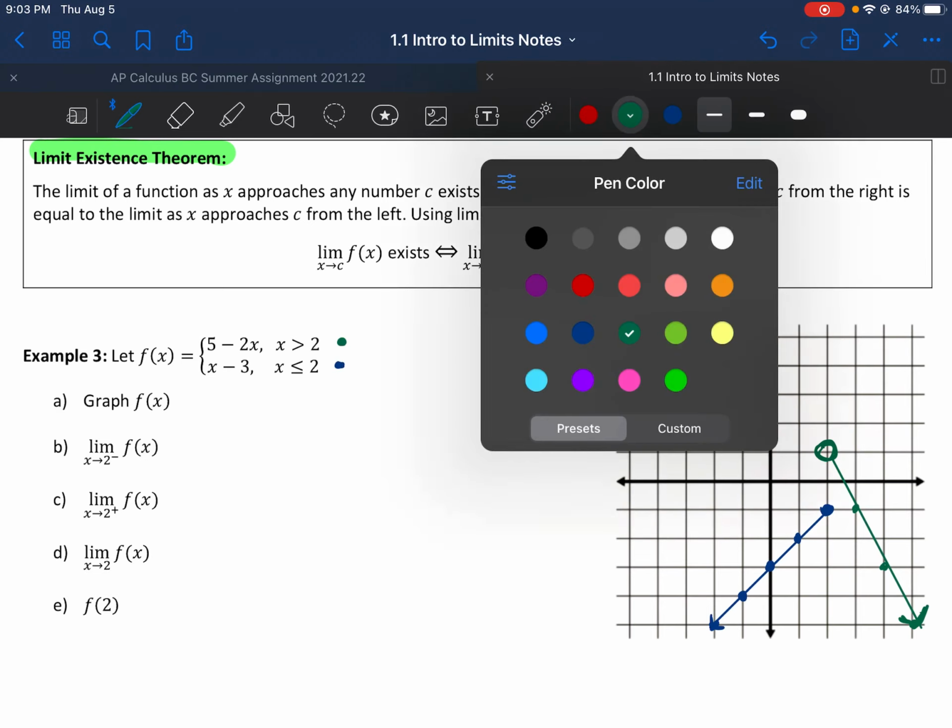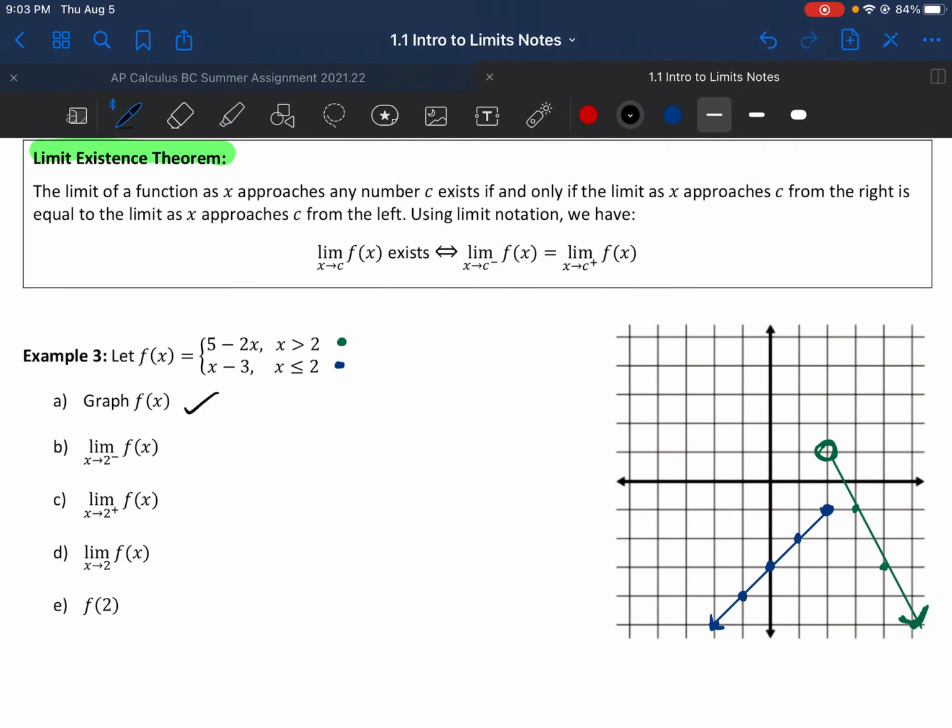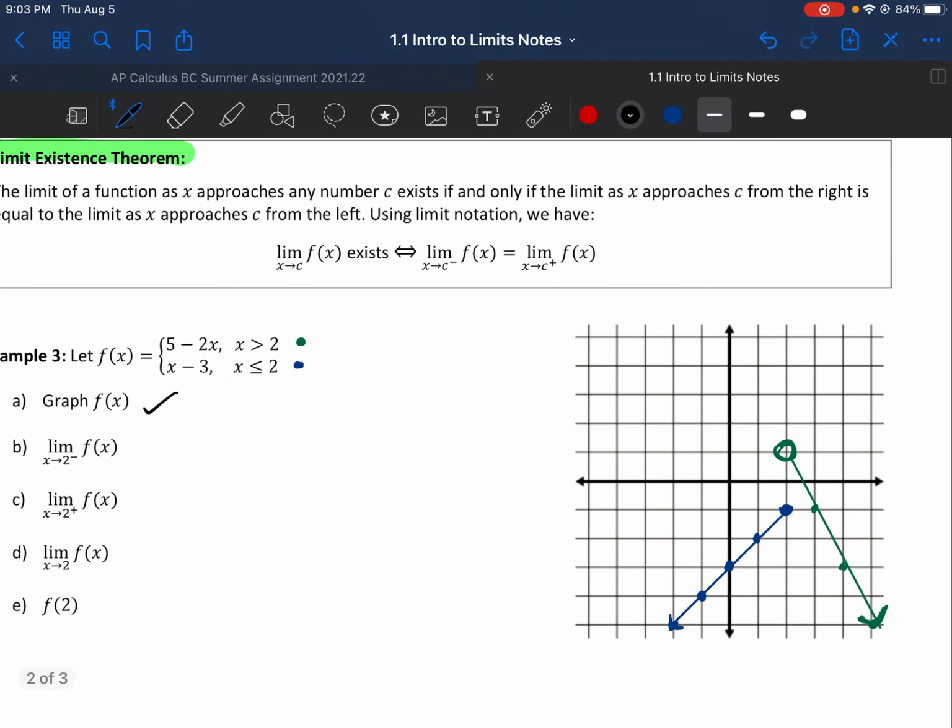So graph the function. We have already done that. I'll go ahead and check that off. Let's find the limit of f of x as x approaches 2 from the left side. So here, and I'm going to put this in red, here's our x's. There's 2 on the x-axis. If I approach 2 from the left side, and start tracing the function with the x values approaching 2 from the left, like this, imagine there's like a wall right here where 2 is.